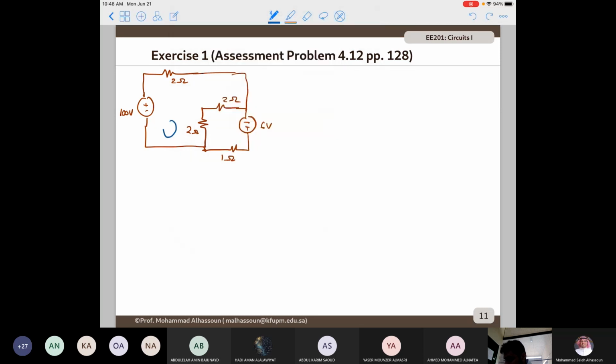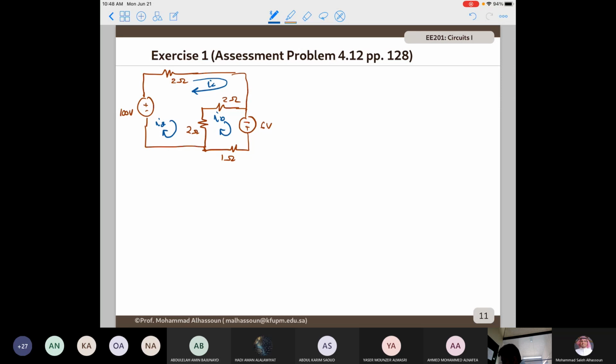I have IA, IB, and I have IC. Okay, Mohammed, can you apply the mesh current method in the super mesh?